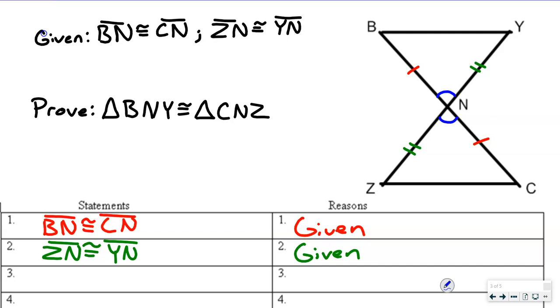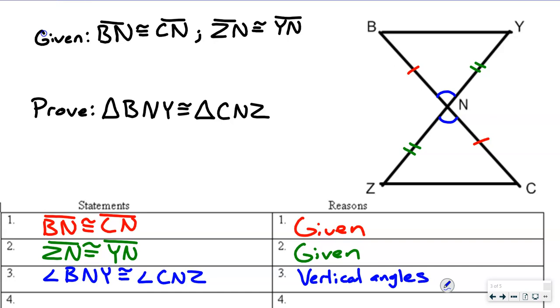So we have angle BNY is congruent to angle CNZ. And it's because of vertical angles congruence.